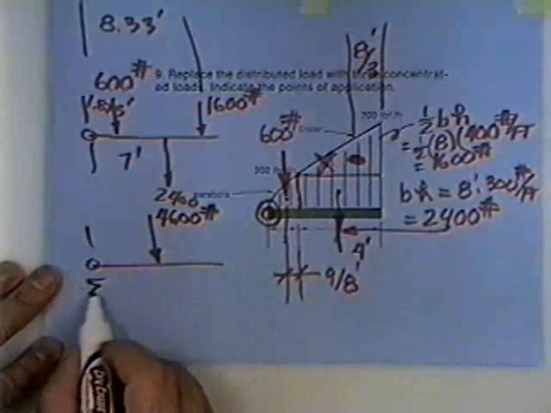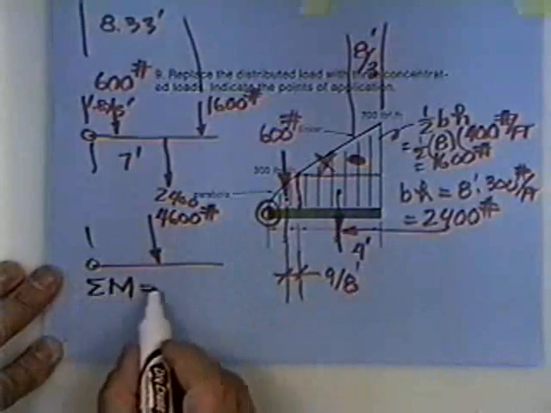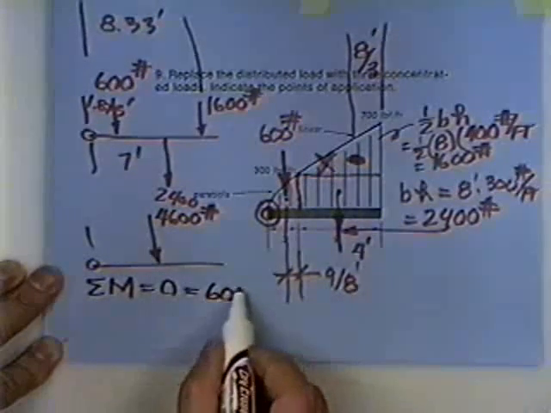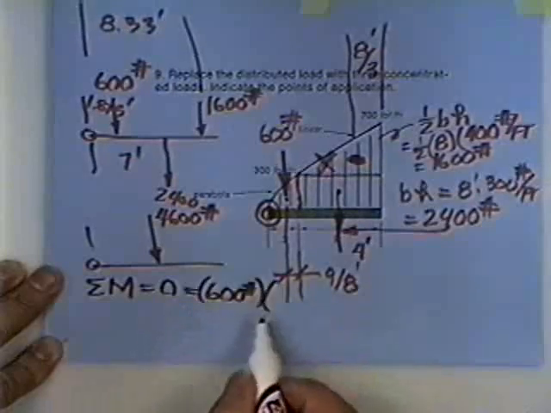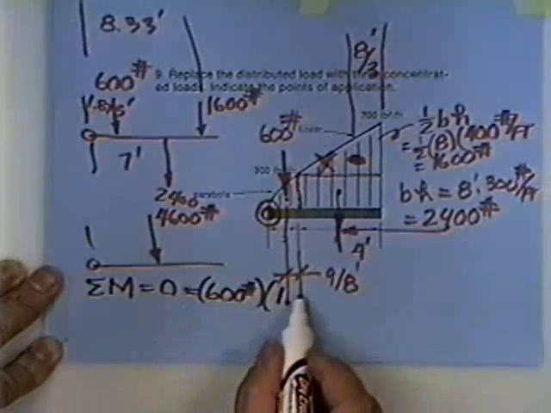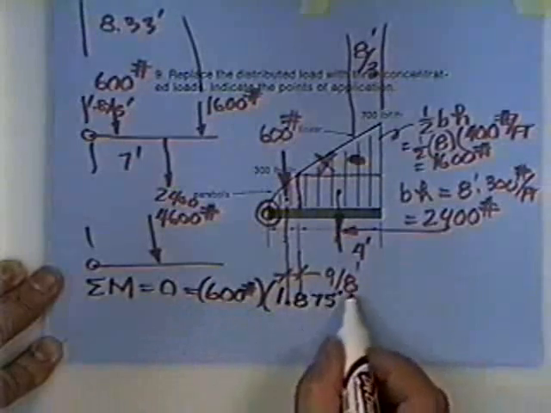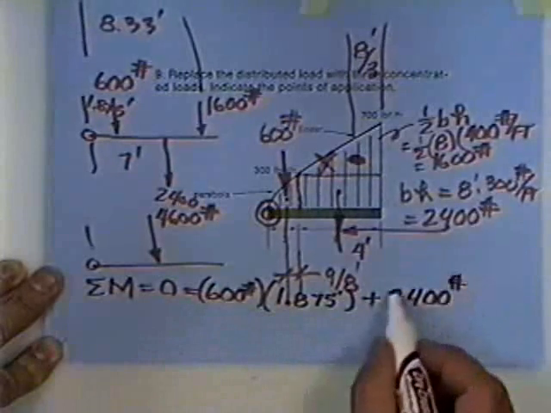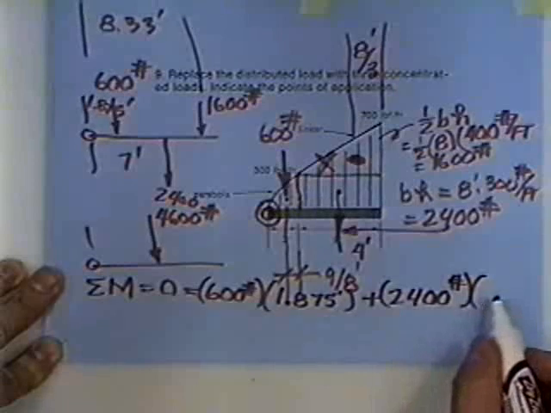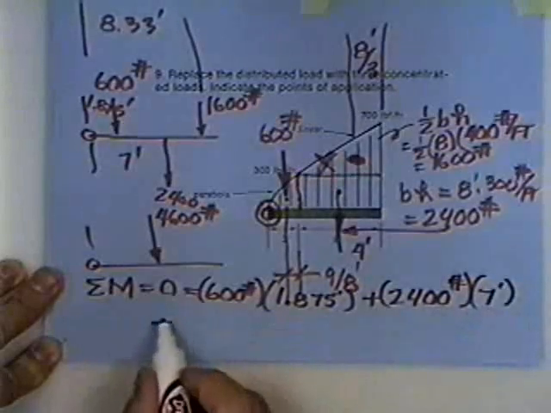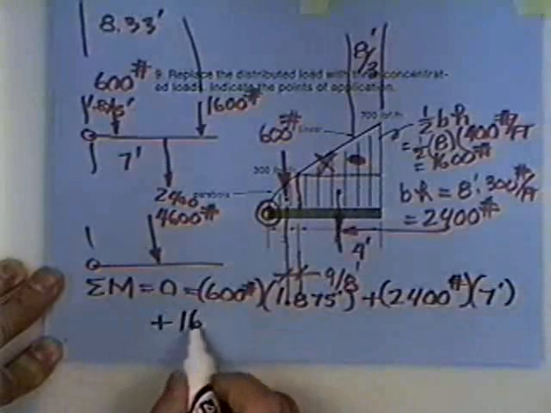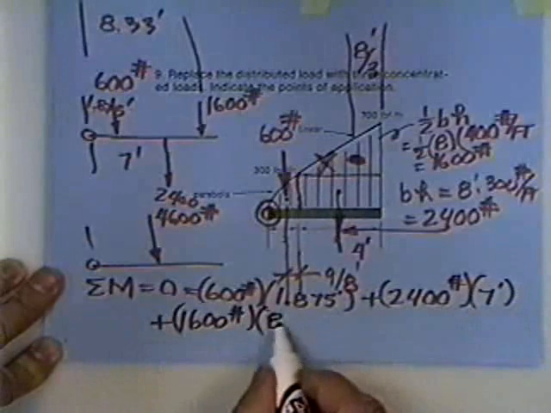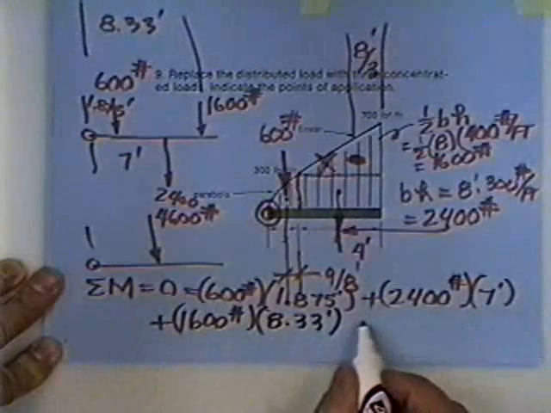What you're going to do now is sum moments about the left end and set that sum equal to 0. It's equal to 600 pounds times his tendency to roll, 1.875, plus a 2,400-pound force has a tendency to roll 7 feet, plus a 1,600-pound force has a tendency to roll 8.33 feet.